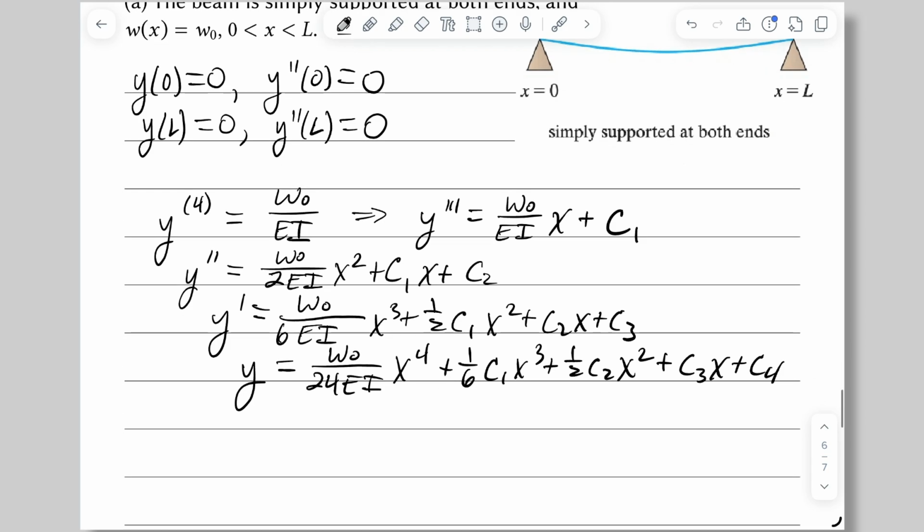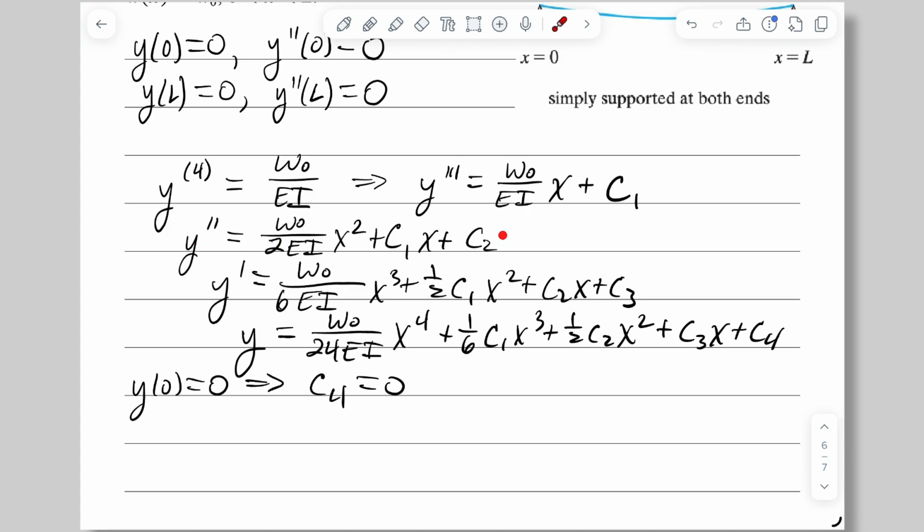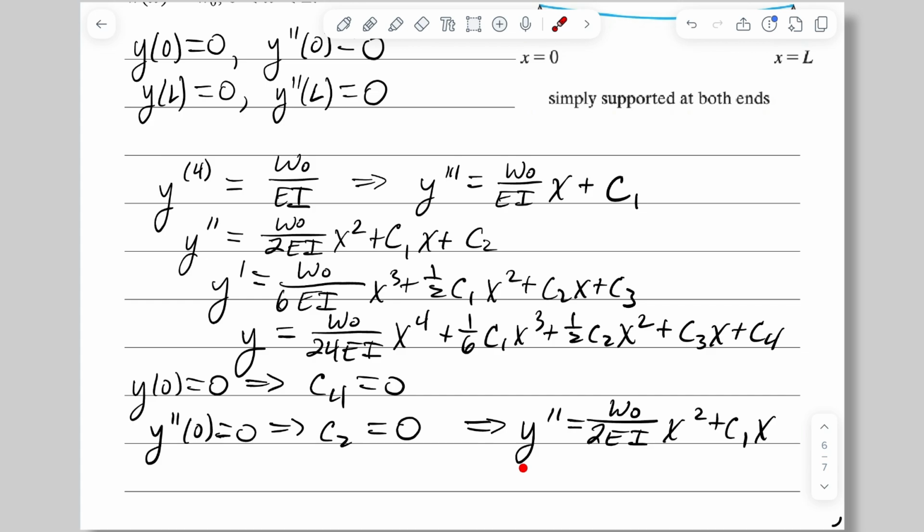Okay, great. Y of 0 equals 0. Putting in 0 in place of x gives us directly that C4 is equal to 0. Y double prime of 0 equals 0, as you can see, is going to give us that C2 is 0. That simplifies y double prime to W naught over 2EI x squared plus C1x. And that's useful because y double prime of L is equal to 0.